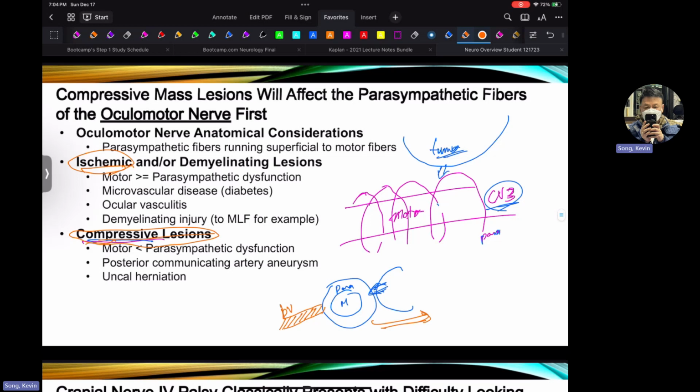So this blood vessel carries the oxygen, but now it's only this big. The parasympathetic is here, and the motor is here. Normally the blood is supplying all the way to the inside, but now only a little bit of blood is coming in, so it only supplies this much, and nothing gets in here. So which will be affected first?